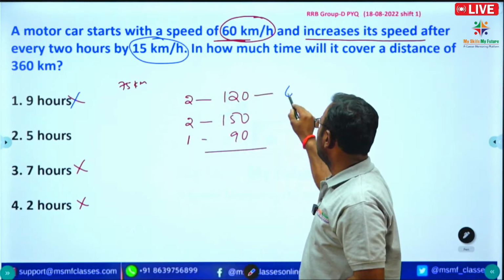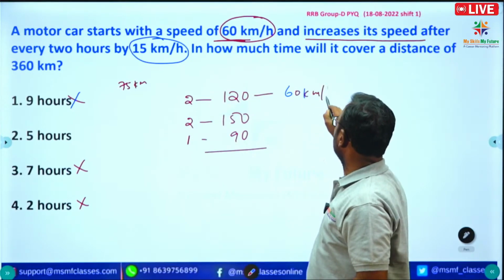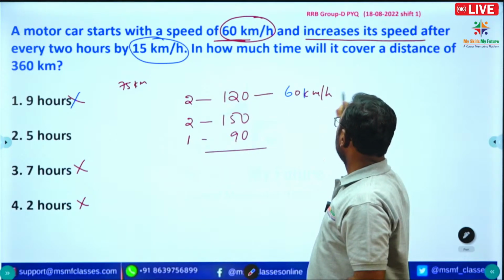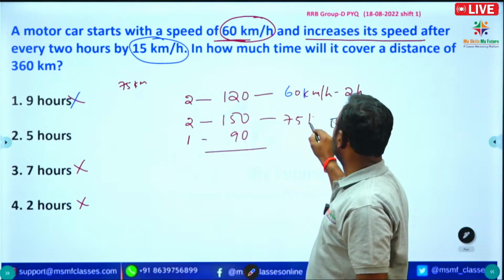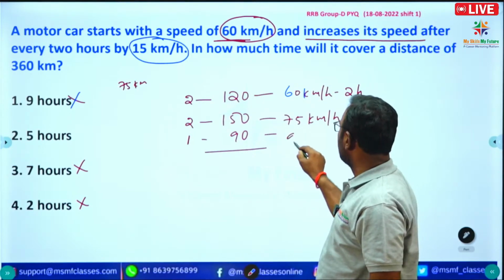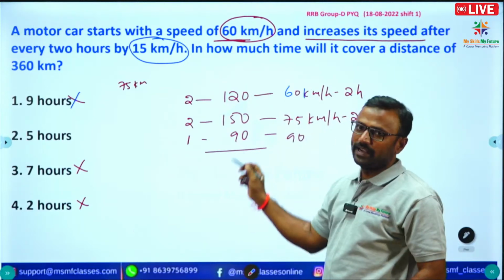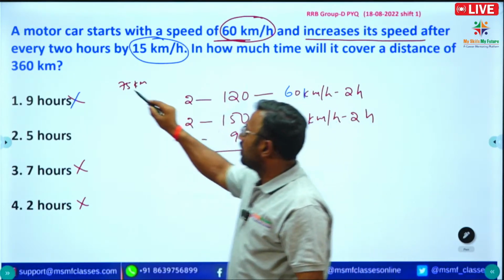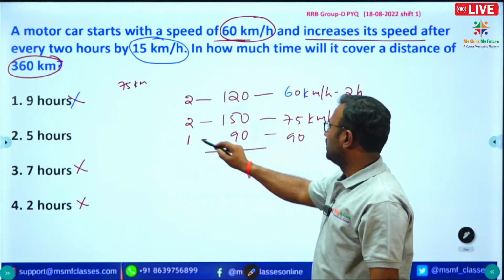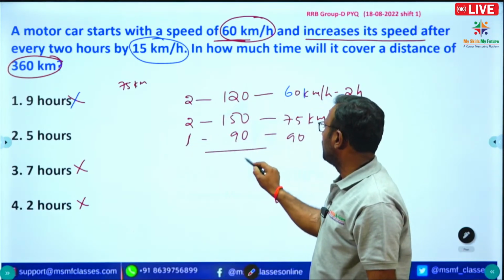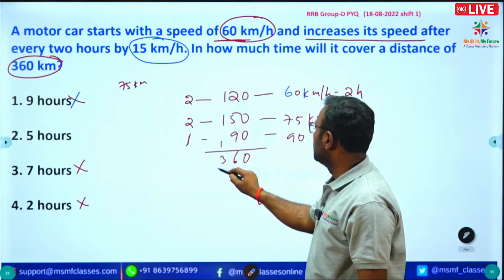Here the speed is 60 kilometers per hour for 2 hours, here 75 kilometers per hour for 2 hours, and here 90 kilometers per hour; in 2 hours we would go 180, which would be more than 360 in total. Here the distance is 360, so just 1 hour at 90 kilometers per hour gives us the distance of 360.